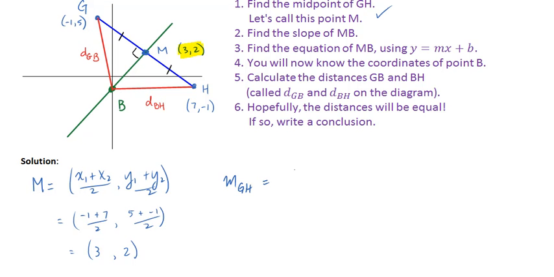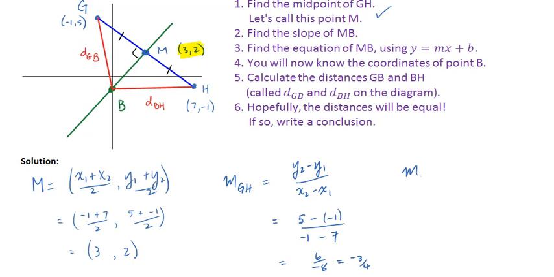m_GH. So the slope of GH, I would use the old slope formula. And again, the coordinates are on the screen so you can see them. I'll do 5 take away -1 over -1 take away 7. That gives me 6 over -8, or -3/4 in lowest terms.